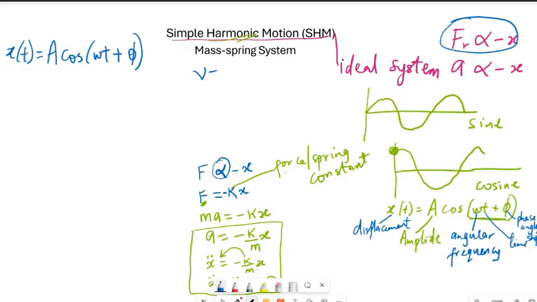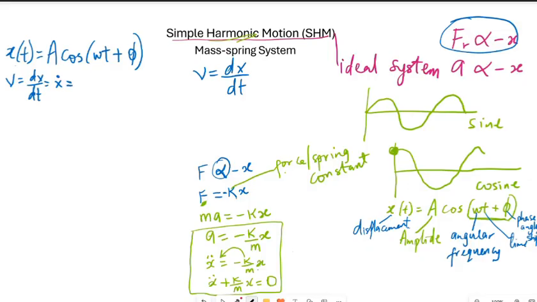Remember, our velocity is change in position over change in time, which is displacement over time. So we have to differentiate this function if we want to get our velocity. So I can say that my velocity is dx over dt, which I can also write as x dot.